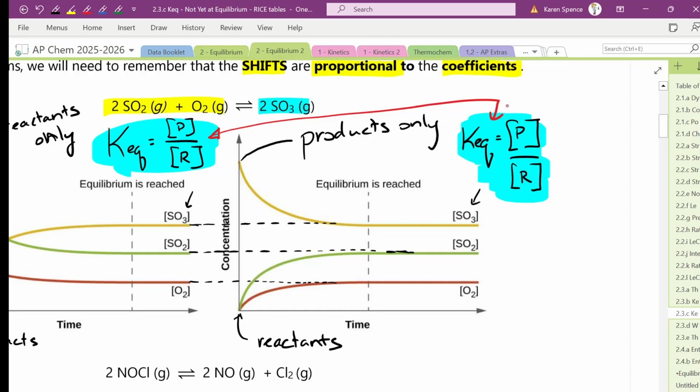You get the same number no matter what you start with. Okay, so KEQ is always the same at a given temperature, no matter what you start with.